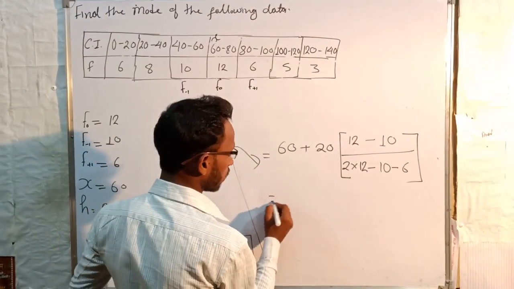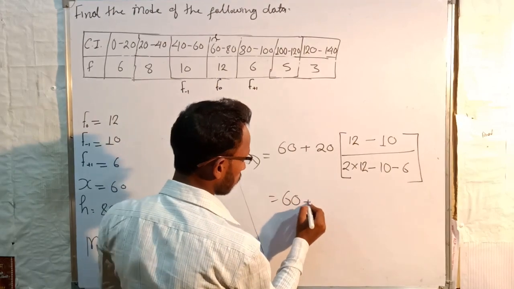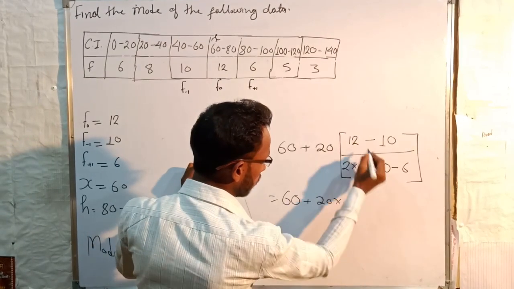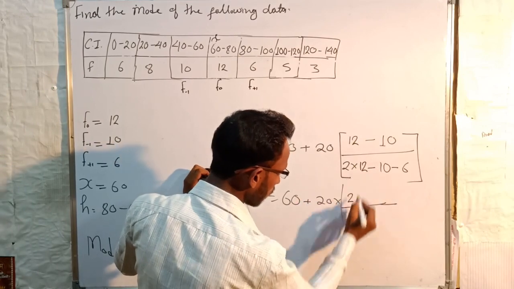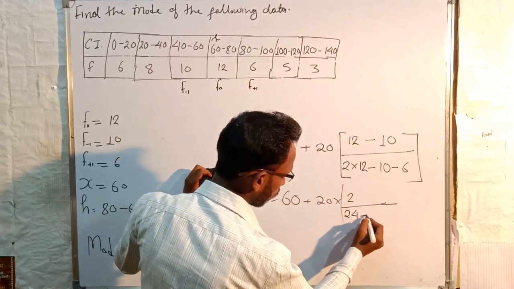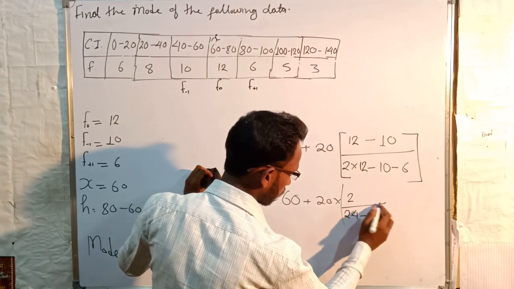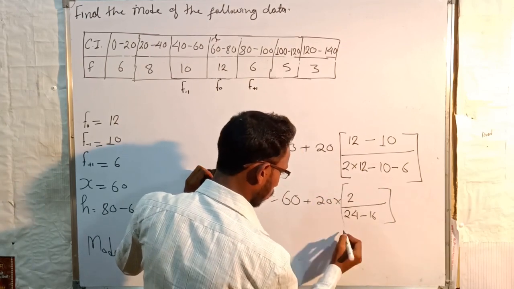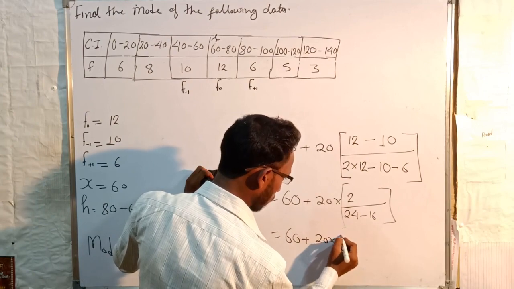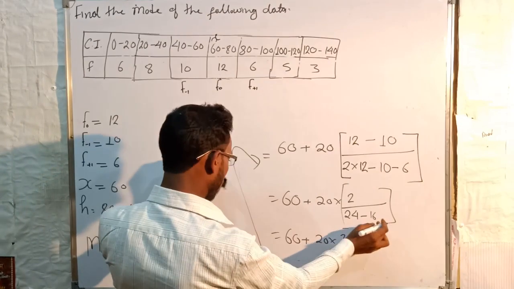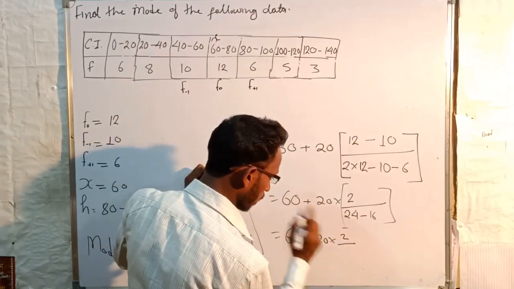Now solve this expression. 60 plus 20 multiplied by 2, divided by 24 minus 16.